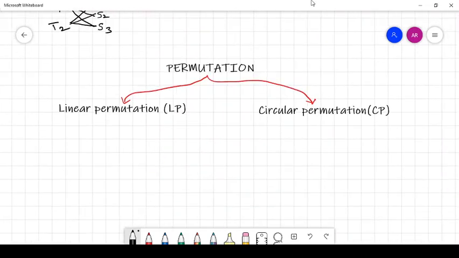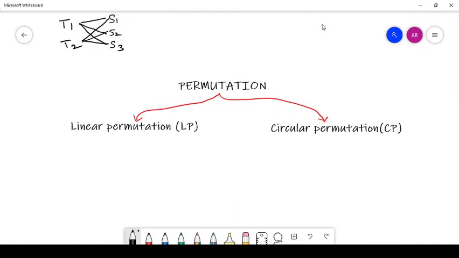Next, permutations. We have two types of permutations: linear permutation and circular permutation. From a given finite set of elements, similar or not, selecting some or all of them and arranging them in a line is called a linear permutation.